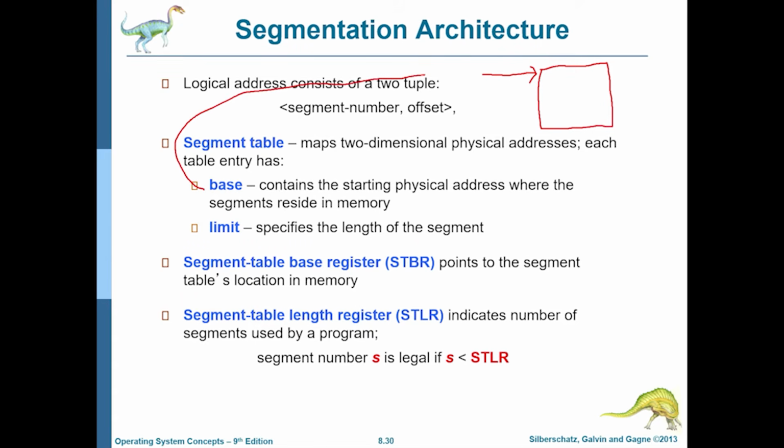So this base address is this address. Now this offset is how many bytes inside the segment that memory address resides. So if this is the memory address that we are trying to work with over here, then this distance from the base is the offset.